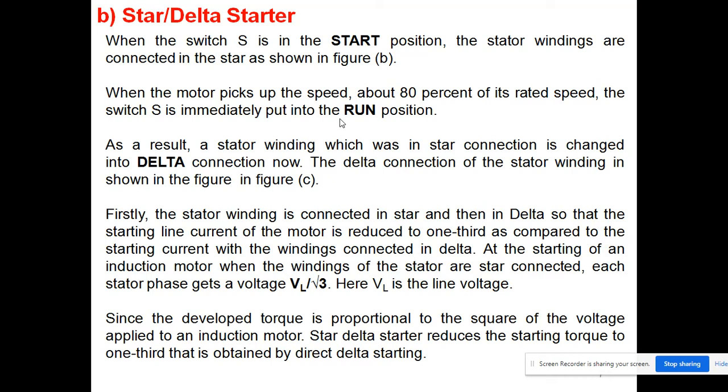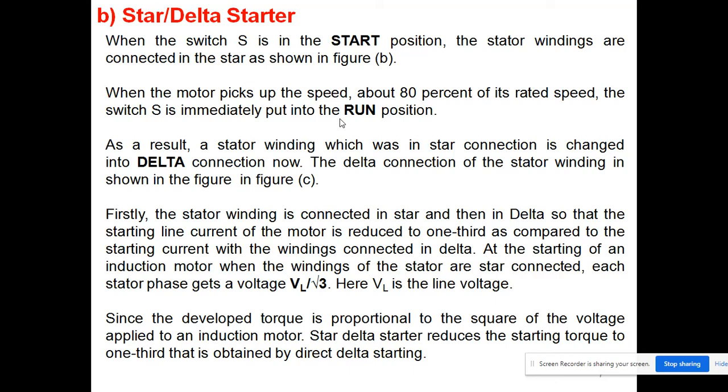When the motor starts running and picks up a speed of about 80% of its rated speed, let us suppose the motor is running at 1000 rpm, when its speed reaches around 800 rpm, then switch S is immediately put into the run position.